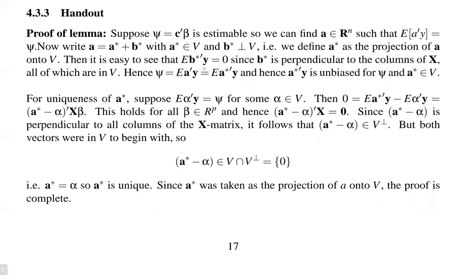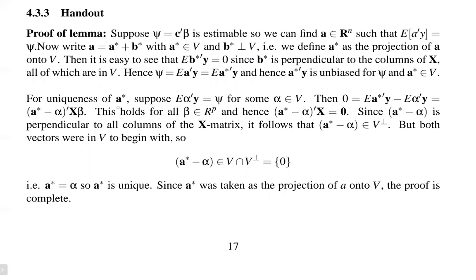Since B star is perpendicular to V, it's also perpendicular to the columns of the X matrix. So the expected value of B star Y is 0. Therefore, we have found an unbiased estimator which is in V.